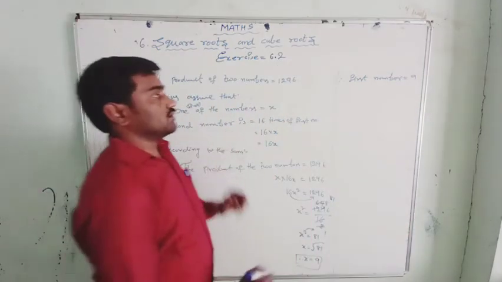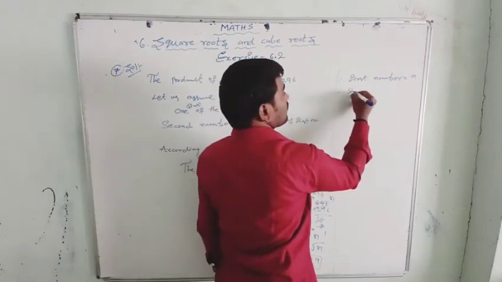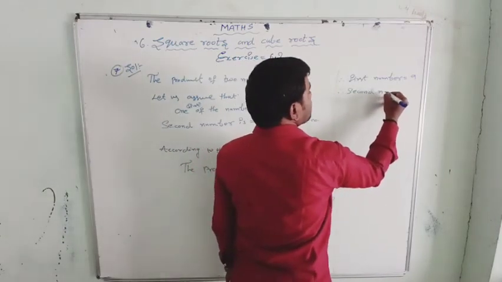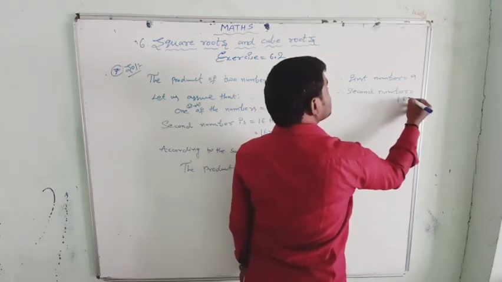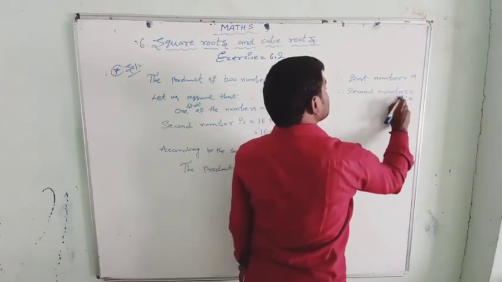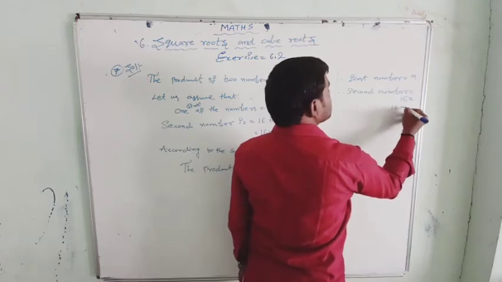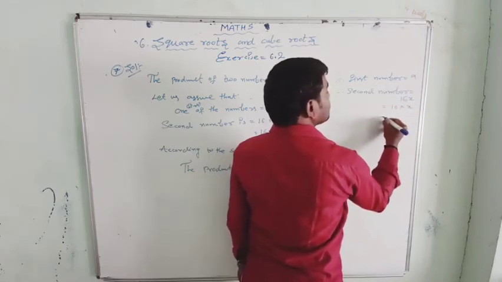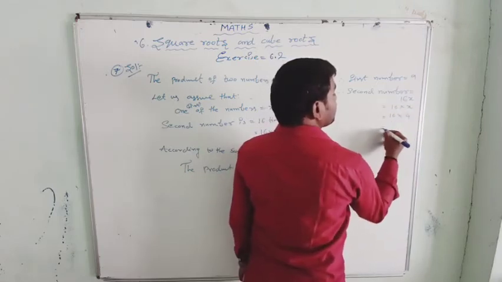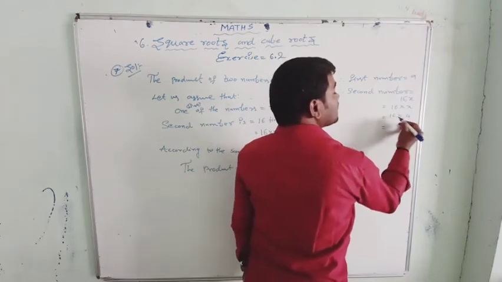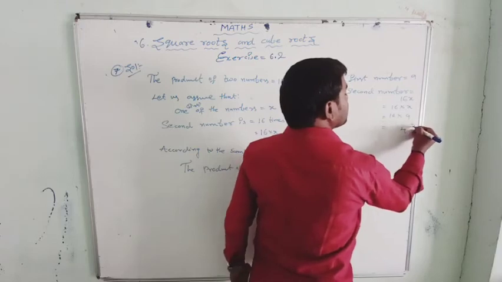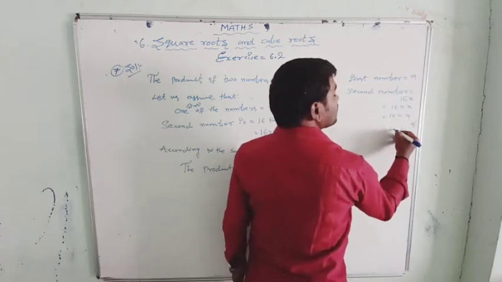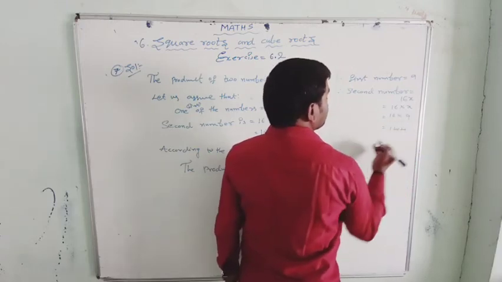The second number equals 16x, that means 16 into 9. 9 6s are 54, 5 carry, and 9 plus 5 is 14, so 144.